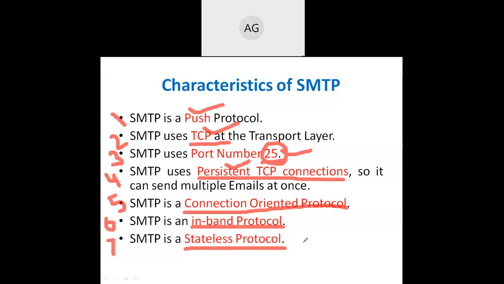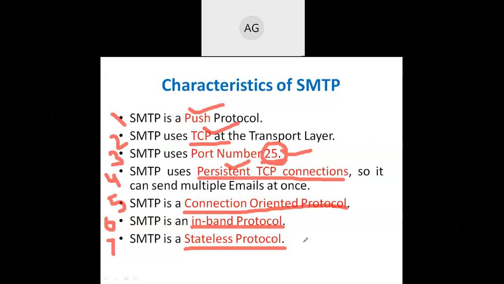And the protocols which are saving the history, or where you can go through the history of the protocol and take all its history from there, that type of protocol is known as the stateful protocol. So SMTP follows the stateless protocol.